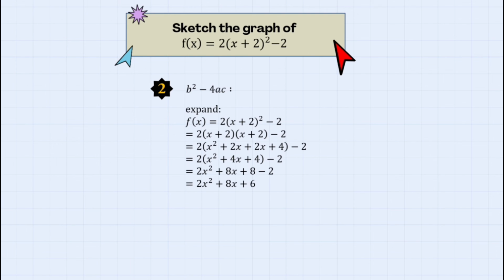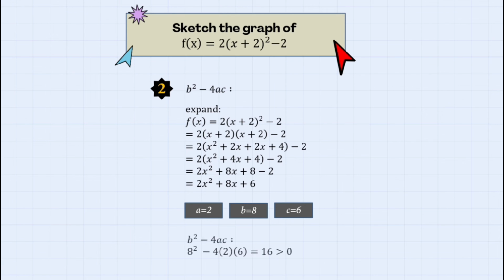As soon as we expand the function, we will get f(x) equals 2x squared plus 8x plus 6. Now, we have the value of a equals 2, b equals 8, meanwhile c equals 6. So, as soon as we calculate b squared minus 4ac, the value we got is 16.